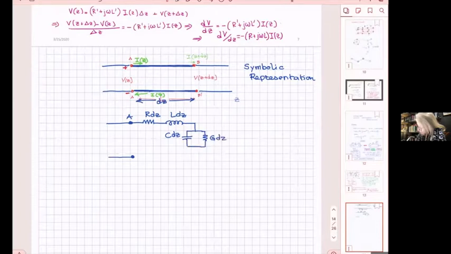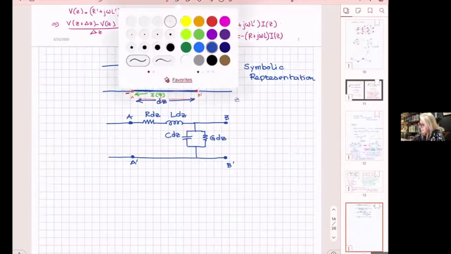So I put here G dz, and that comes out of losses in the dielectric. And then here it comes out to B prime, A prime. Now, what has happened, this is the circuit representation.